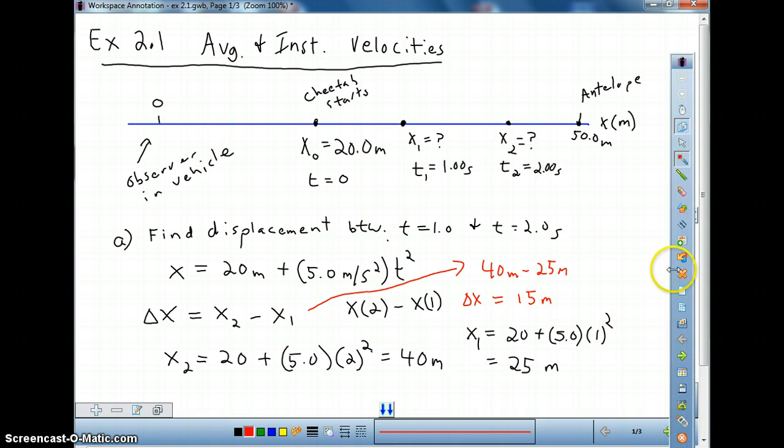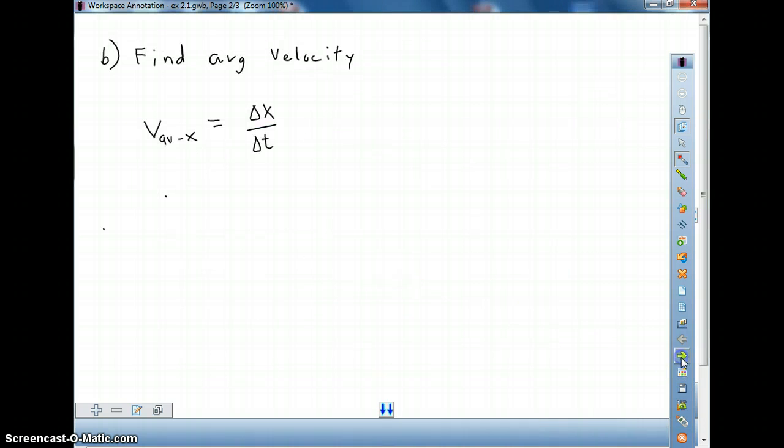Alright, moving on then to part B, which says find the average velocity, and we pretty much already have the setup. The general equation for average velocity is v, with the subscript av for average, and the subscript x just means on the x-axis, equals change in x over change in t. We already found change in x, so we can start plugging in.